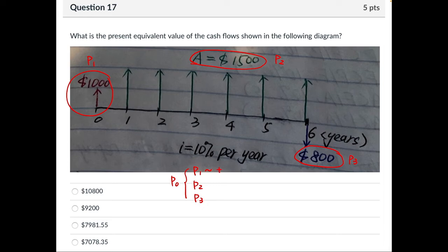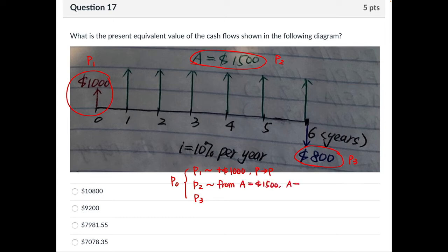Okay, so P1 is the 1000. P2 is from the annuity of 1500.